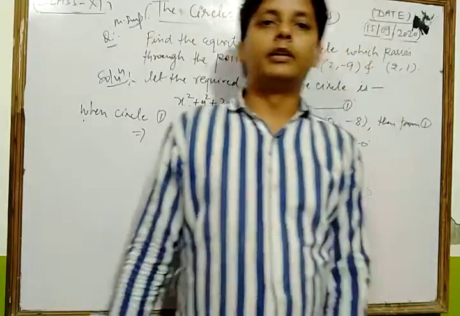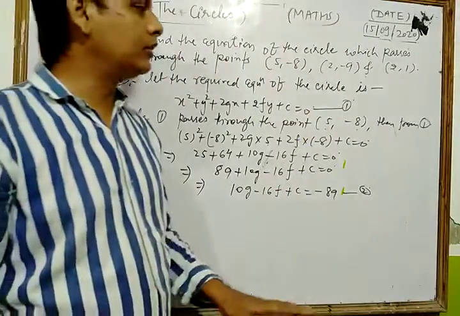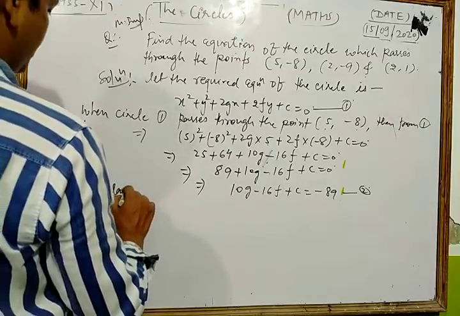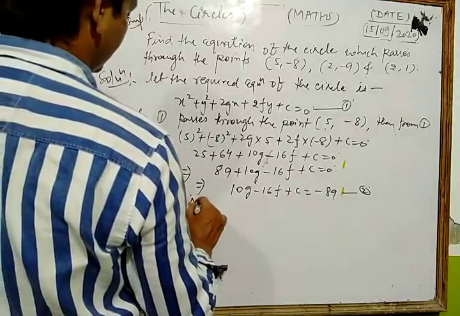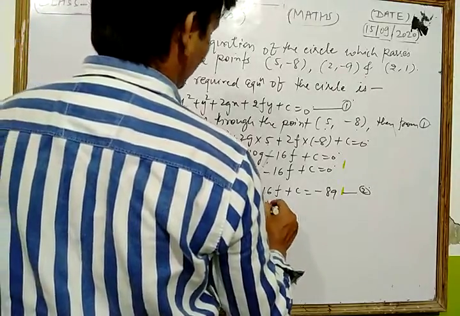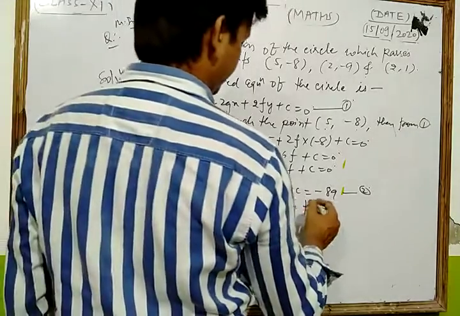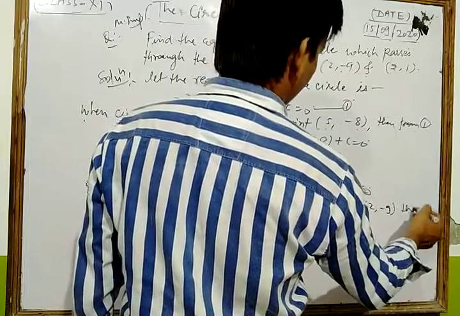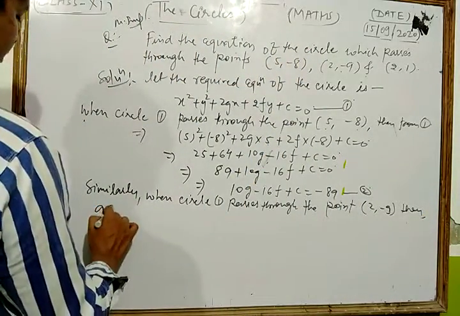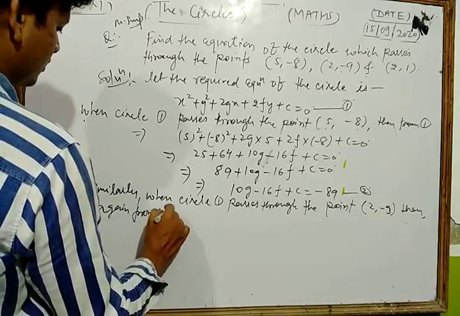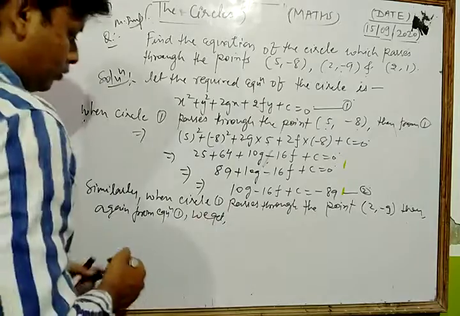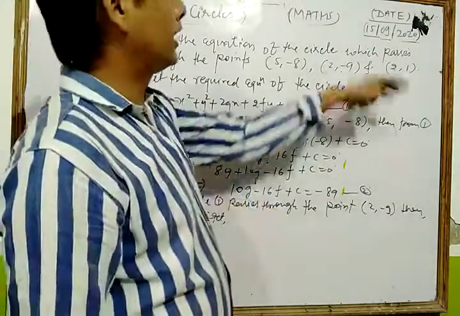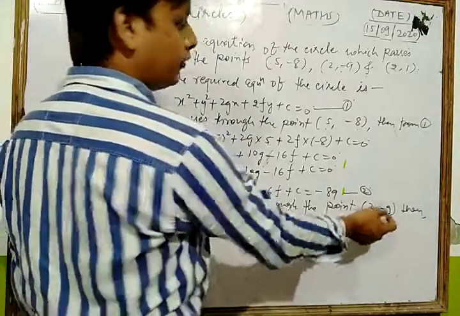Dear students, similarly now when circle 1 passes through the point 2 comma minus 9, then again from equation 1, we put x is equal to 2 and y is equal to minus 9.